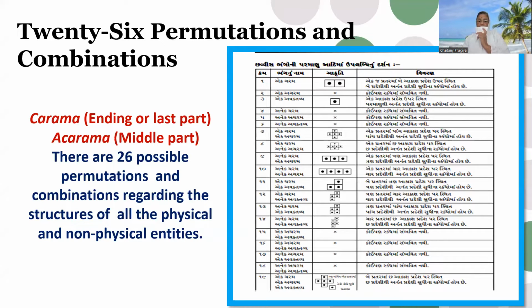If they are located in one space point, this object may be consisting of an infinite number of atoms. But if it is located in one space point, then the structure can be explained as only one, having no middle part or other ending parts. So it depends on their position in the space.